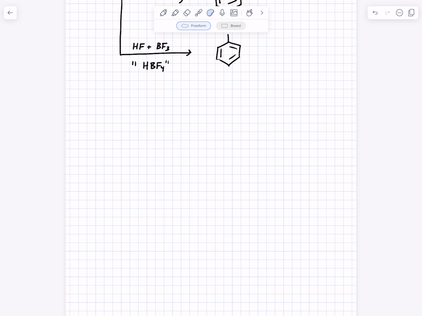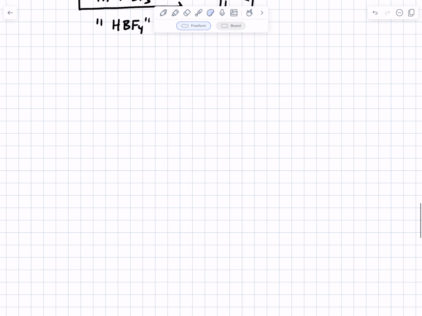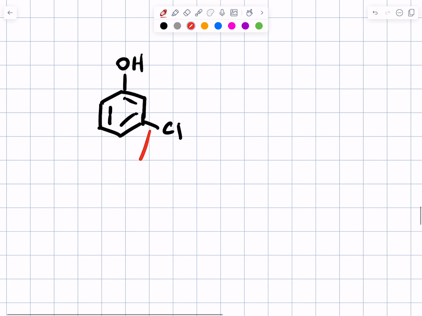So we can now practice synthesis by saying, let's make this molecule. Okay? So when you look at that, you're looking at a benzene ring with things on it, and you want to ask, how could I get those on there?